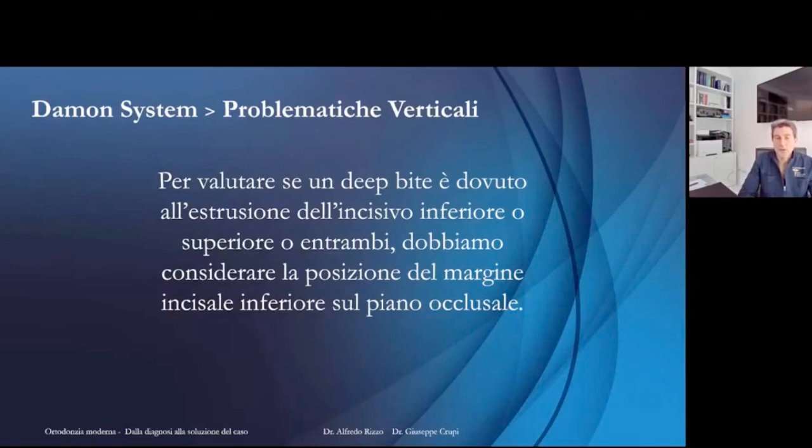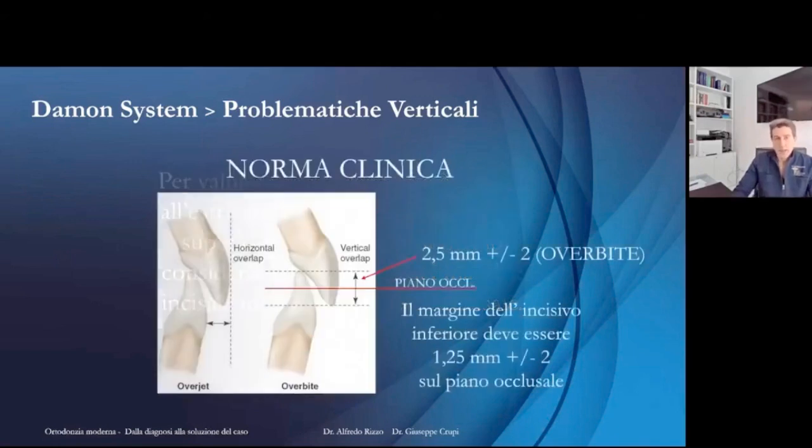In order to assess the reason, we look at the ideal position of the lower incisor. It's always our starting point from where we check our arch wire and dental wire.